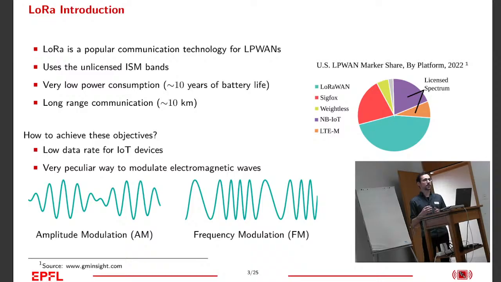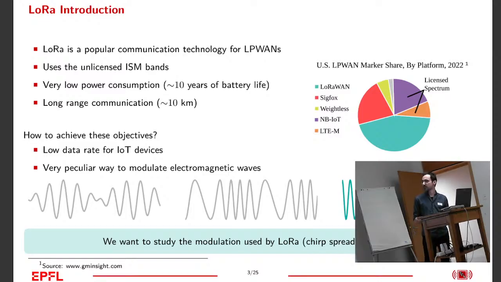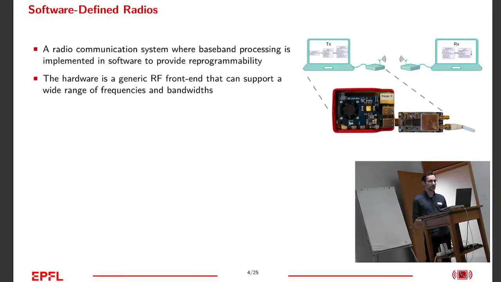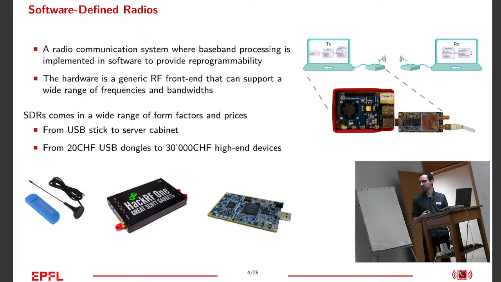It just takes a signal that is in a high frequency, puts it back in a low frequency, and then you can process it using any usual computer, or here an example with a Raspberry Pi and a small SDR USB stick. So that's very convenient to build prototypes, and it ranges from small USB sticks that are 20 francs to racks or more advanced hardware that can be as expensive as we want.